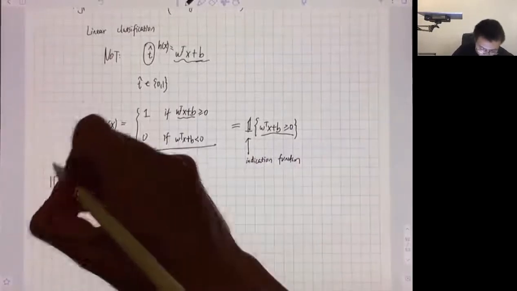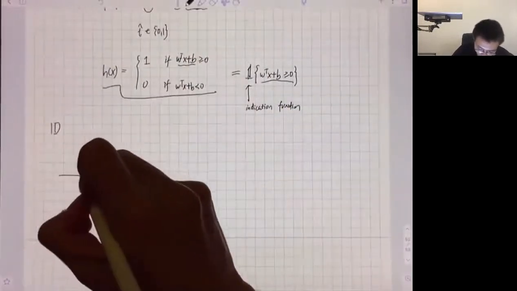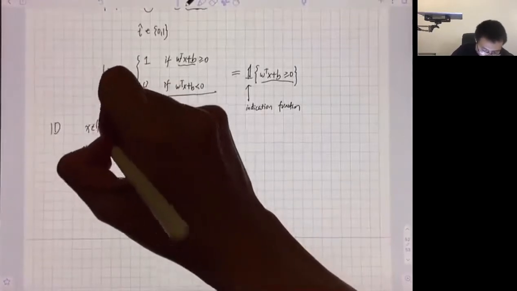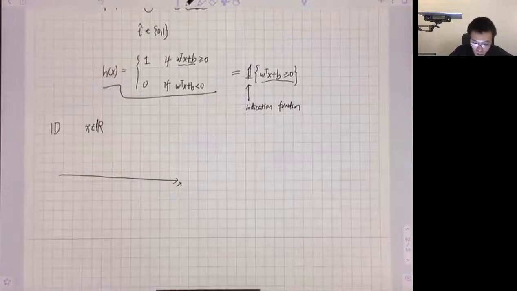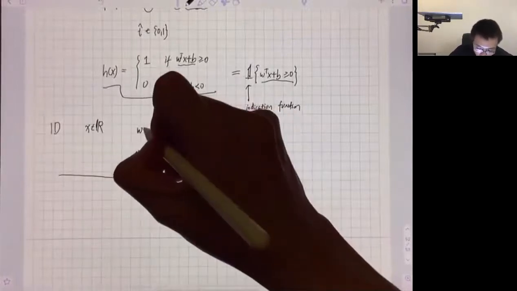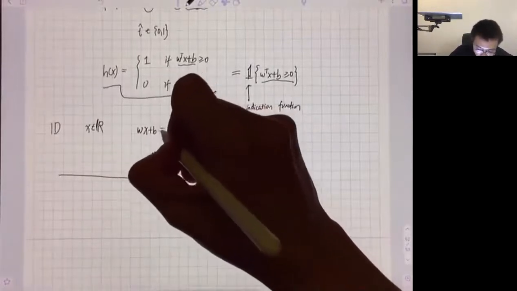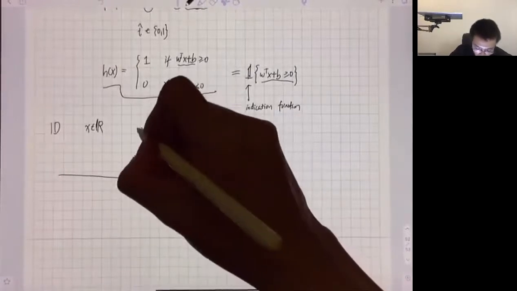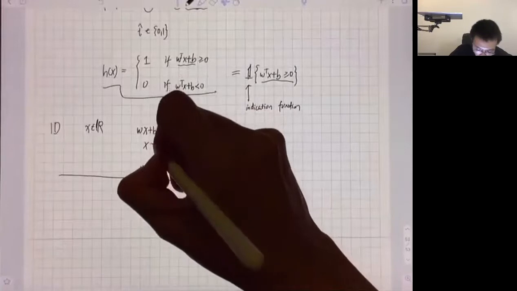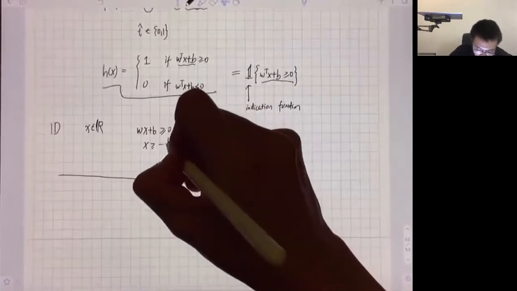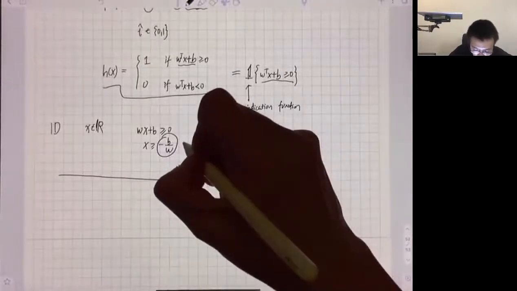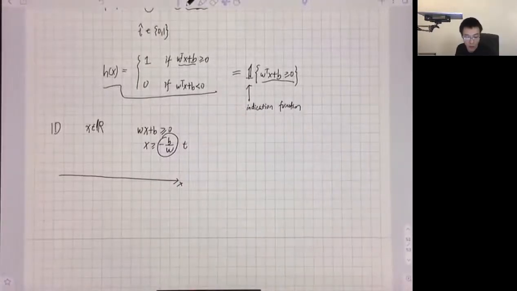Now the one-dimensional case. So my X is one-dimensional. Then the goodness is WX plus B greater than or equal to 0. Suppose W is not 0, then X is greater than or equal to minus B divided by W, but I can rebrand this as a threshold T. So the linear classification for a one-dimensional case is just a thresholding.